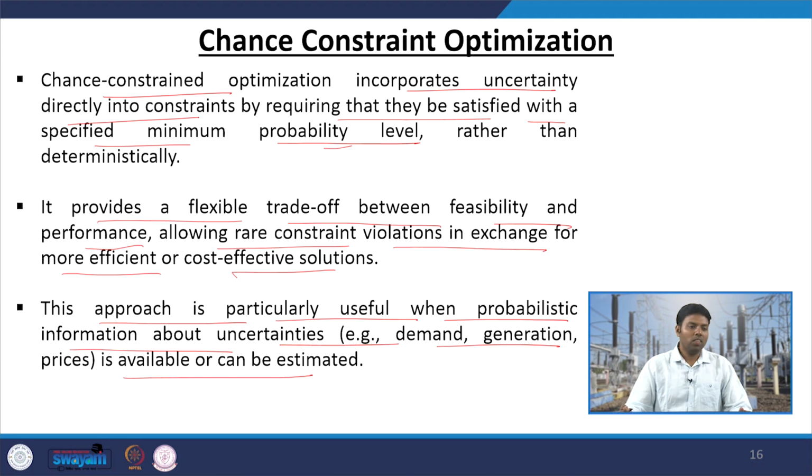Okay. That means, you have to know that whatever my forecasted data, it has 95% confidence. Then only you can say that the constraint whatever I am putting as a chance constraint will also be satisfied at a 95% confidence level. But before that you have to know that your forecasted data has 95% accuracy, okay, and you have to be confident about that.